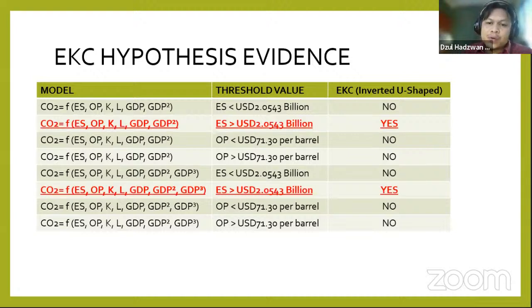And then we also did a robustness check by adding GDP squared and GDP to the power of 3, and we also found a consistent outcome from the statistical analysis, whereby the inverted U-shape also exists when energy subsidies are more than USD 2.0543 billion, meaning this model suggests that if the energy subsidies are more than USD 2.0543 billion, it is considered as high.